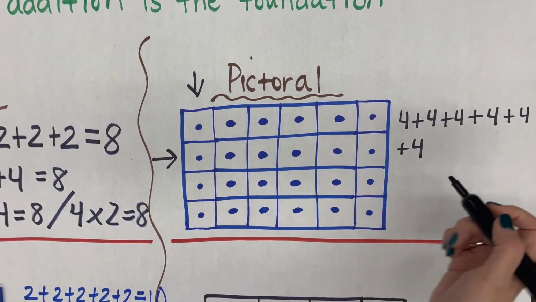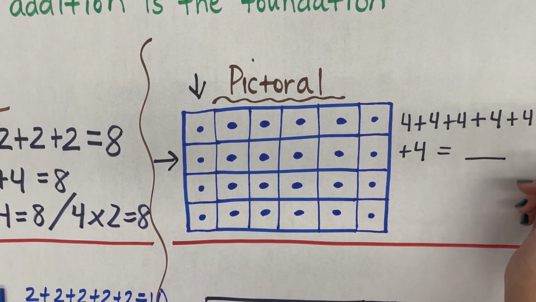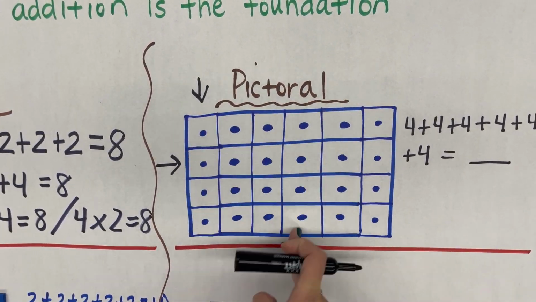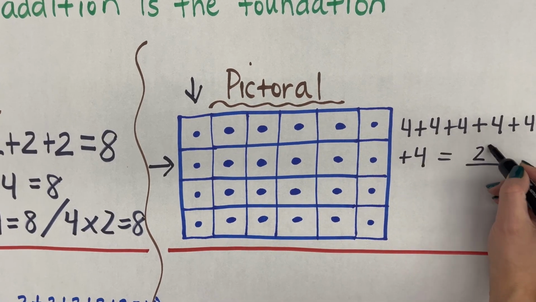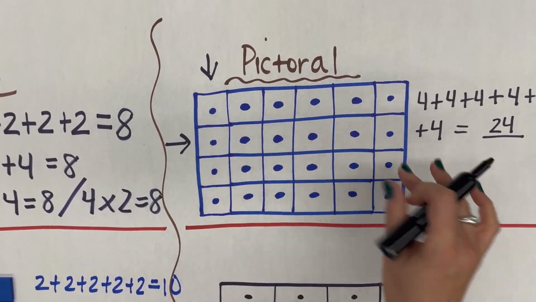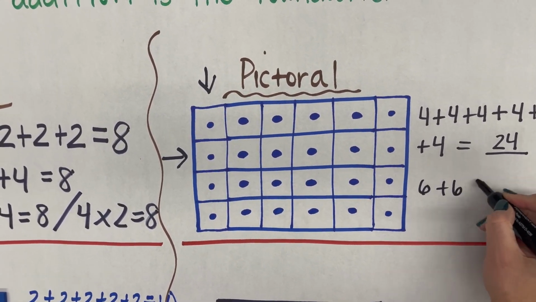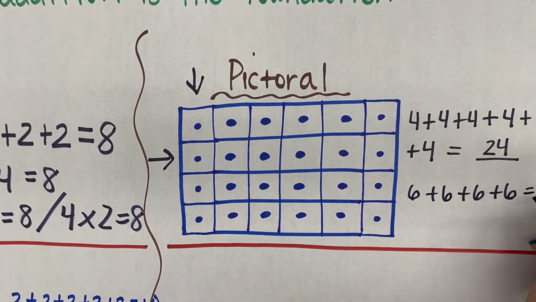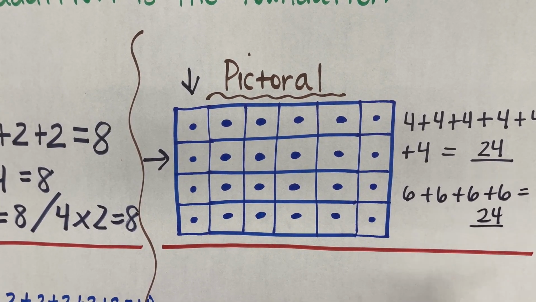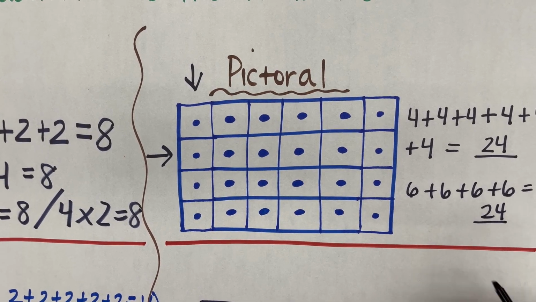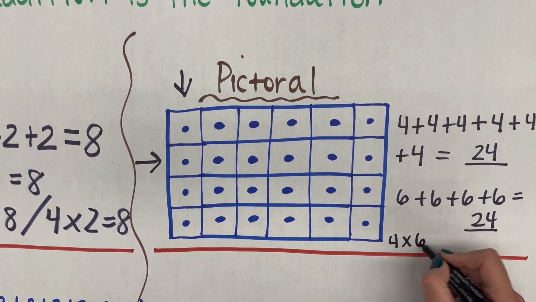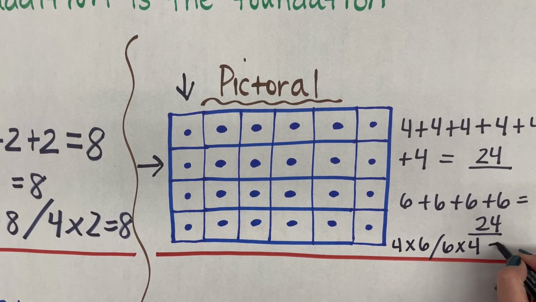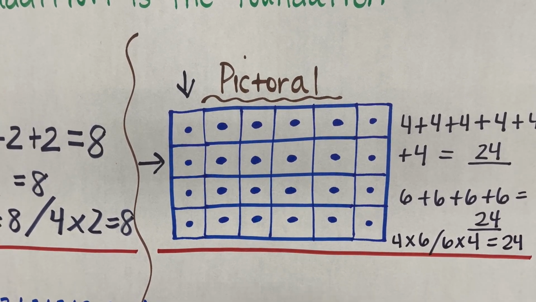I would be using my columns, and that would give me 4, 8, 12, 16, 20, 24. And then I would do the same thing with my rows. 6 plus 6 plus 6 plus 6 also gives me 24. And I can use beginning multiplication. I would have 4 times 6 or 6 times 4, which gives me 24.